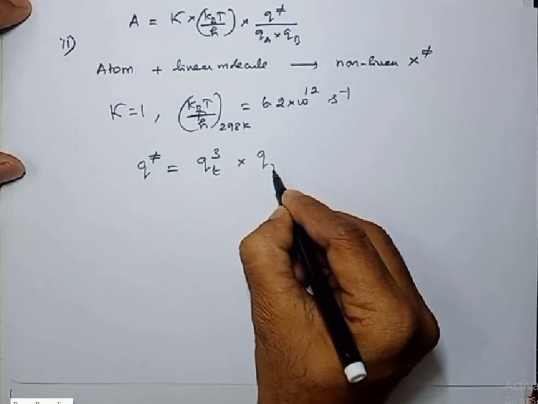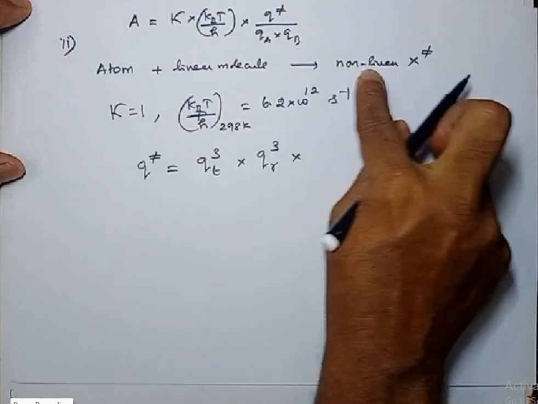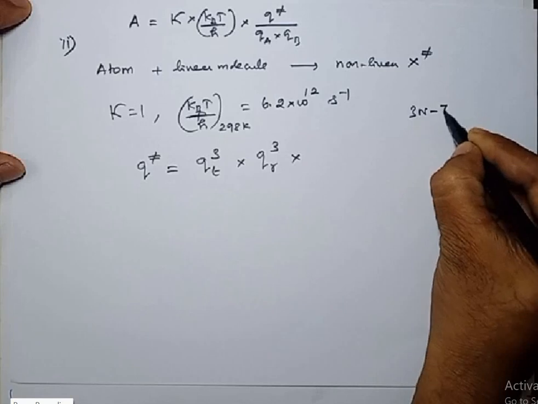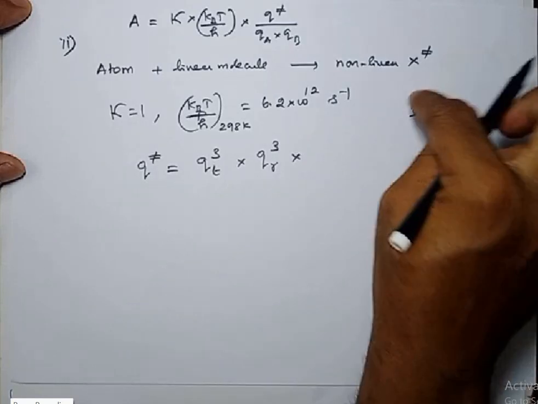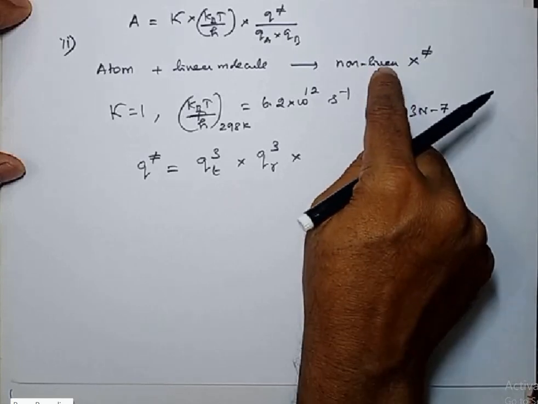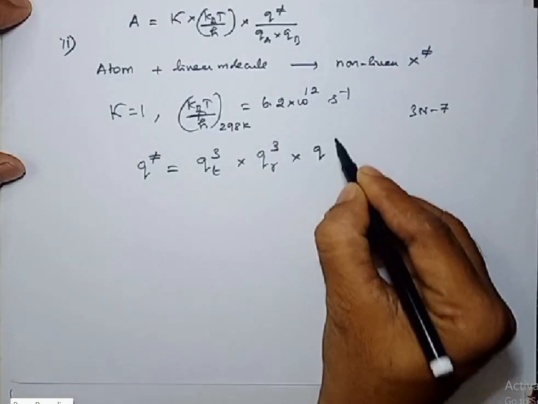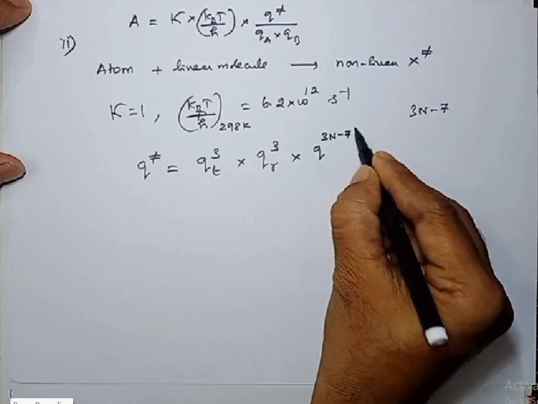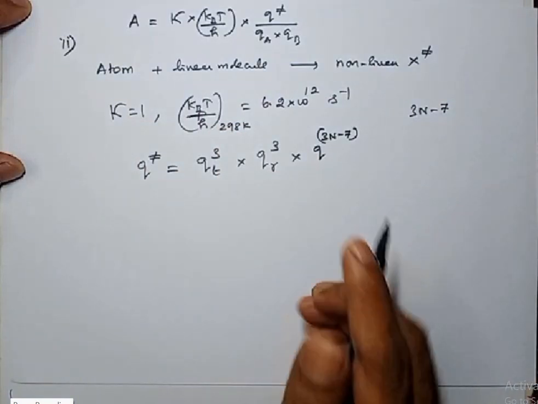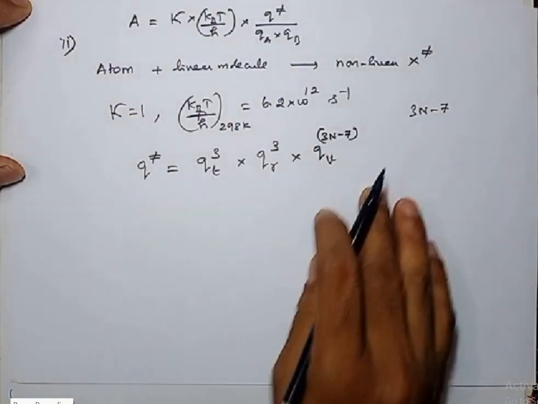Then, for the activated complex, since it is non-linear, the number of vibrational degrees of freedom is 3n minus 7. Non-linear means 3n minus 7 for the activated complex. How many atoms is not mentioned, so I'll just take q to the power 3n minus 7 vibrational degrees of freedom. This is for the activated complex.